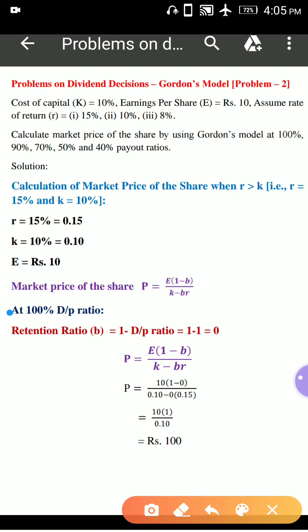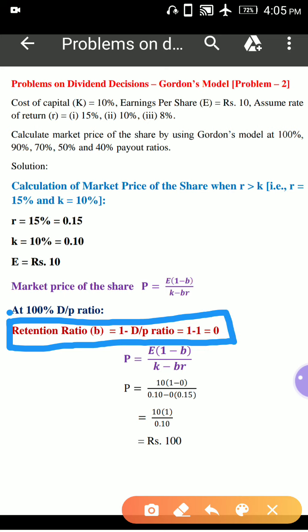So by using this formula, we can identify the retention ratio at different dividend payout ratios. At 100% dividend payout ratio, the retention ratio B is equal to 1 minus dividend payout ratio. That is 1 minus 1, because 100% means 1. So 1 minus 1 is equal to 0.